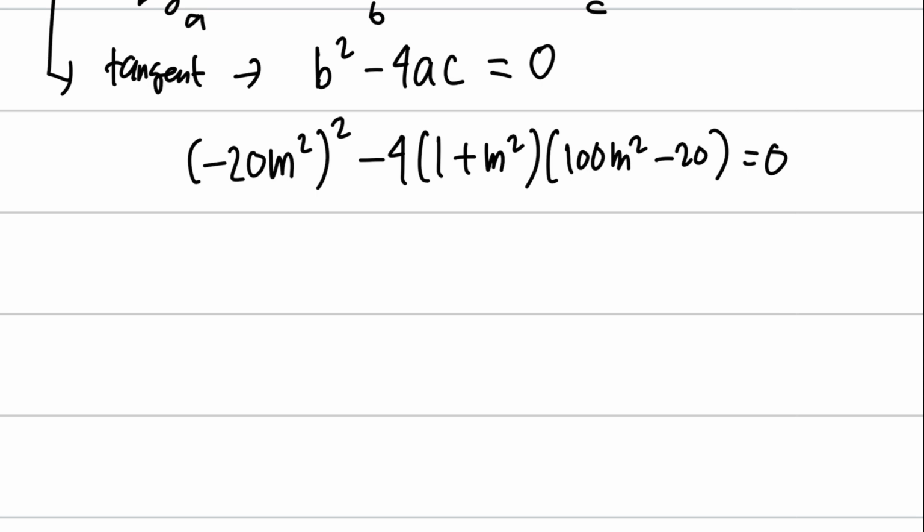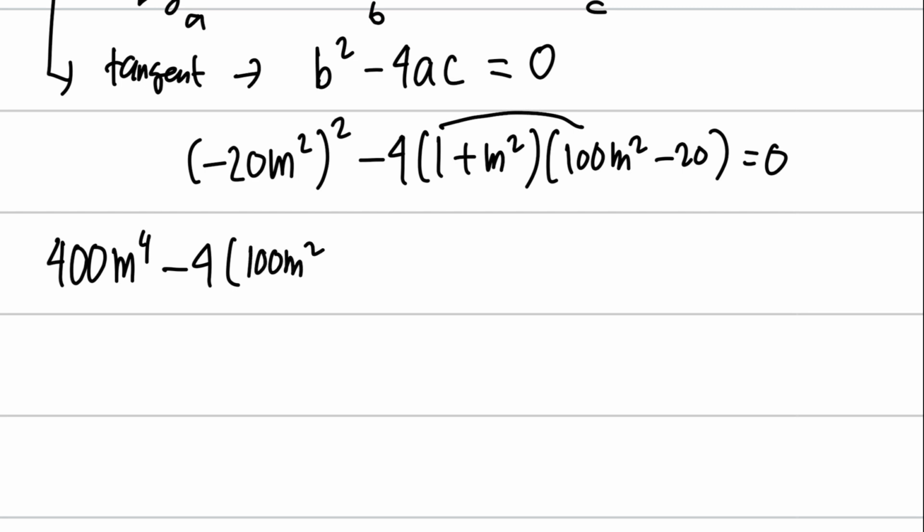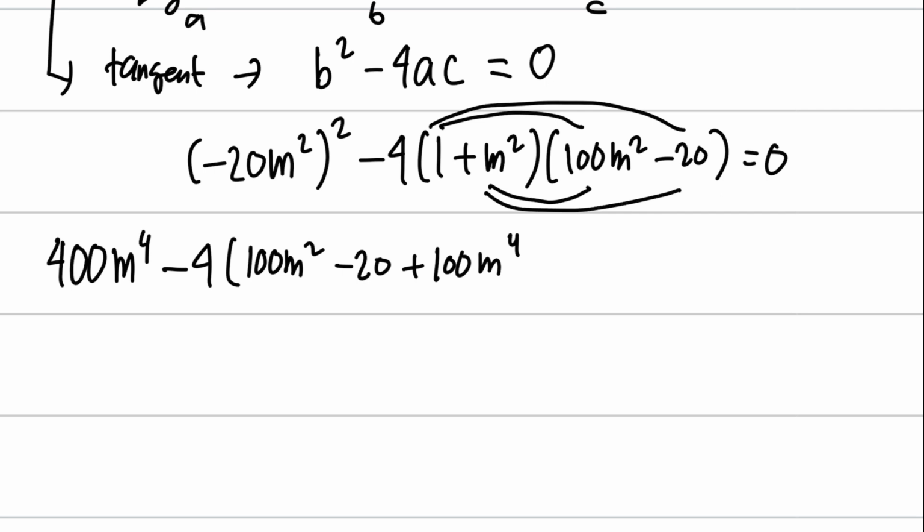Let's continue. We have 400m to the power of 4. And then we have minus 4. Let's expand these two brackets first. So we have 1 times 100m squared, 100m squared. This times this becomes minus 20. This times this plus 100m to the power of 4. This times this becomes minus 20m squared equals 0.